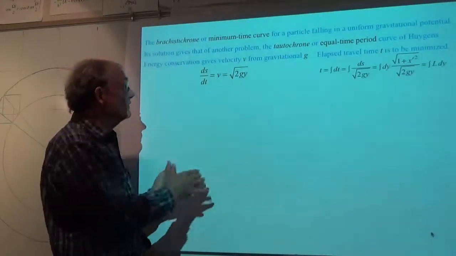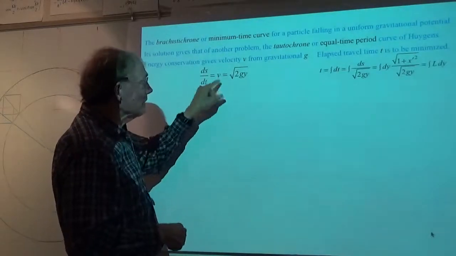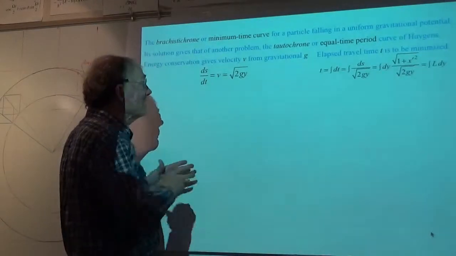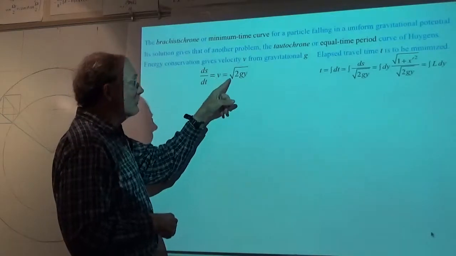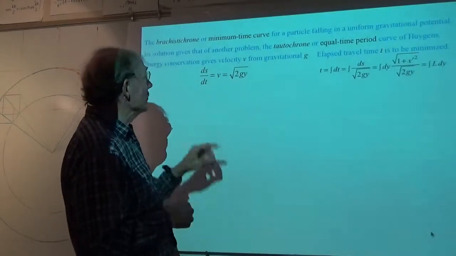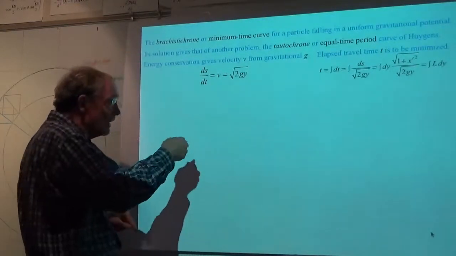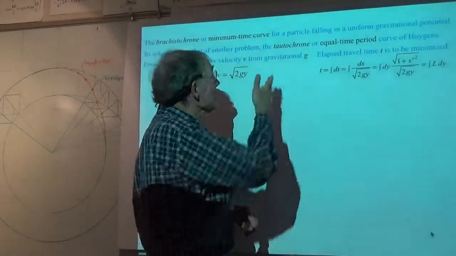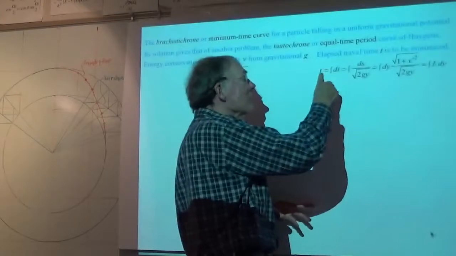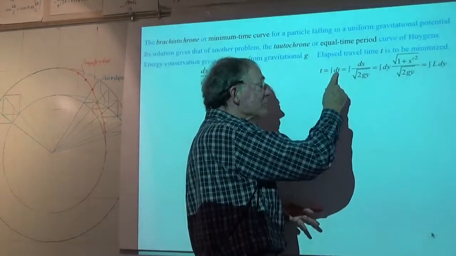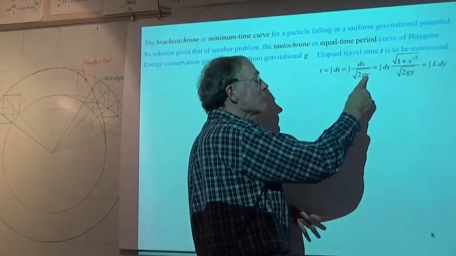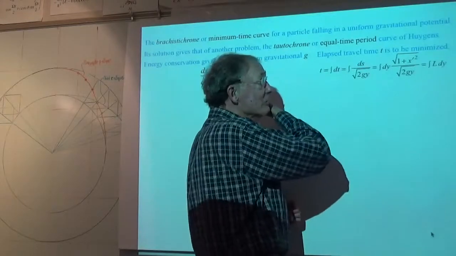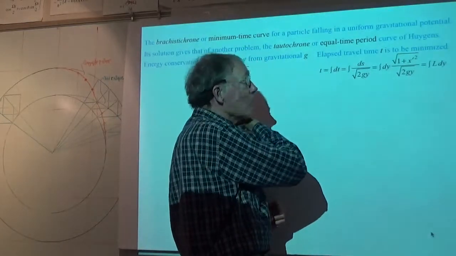I'm going to fall a certain distance y. My speed has got to be, no matter what I'm doing in x, equal to the square root of 2gy. So that's the velocity along the arc of the curve. So we're going to have the integral of dt, and that's ds over the square root of gy. ds, of course, is the square root of dx squared plus dy squared.